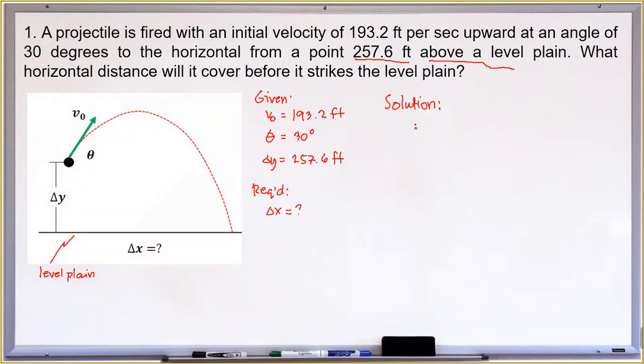So for our solution, delta x is equal to v naught x, the initial velocity along x, times the time. From this formula, we need to find the initial velocity along the x component and also the time of flight, that is from here to here. This is our initial position, and this is our final position. We can also express our initial velocity component along x as the initial velocity times the cosine of theta, and then times the time.